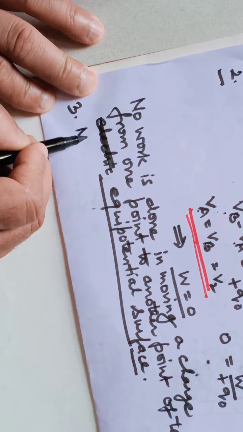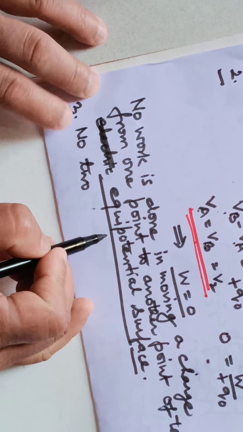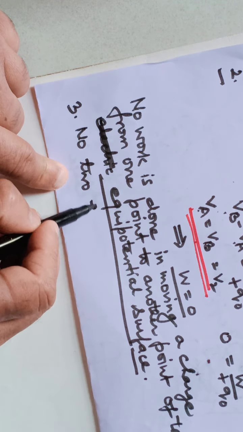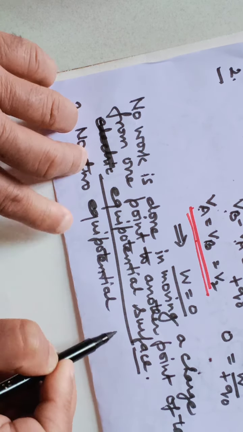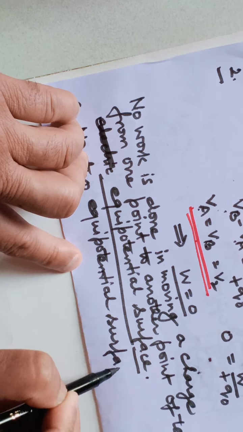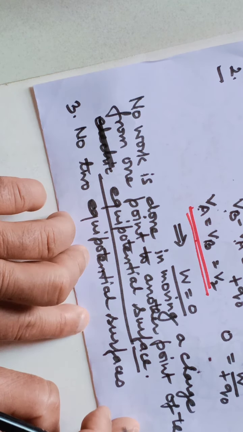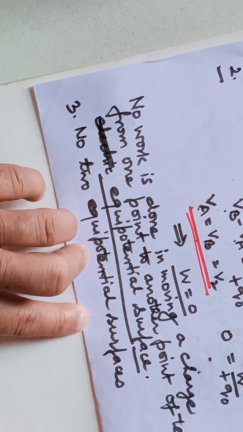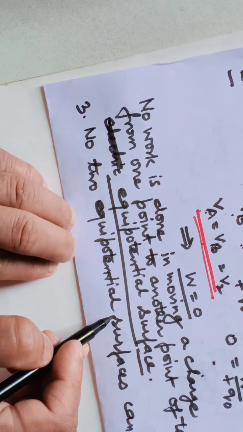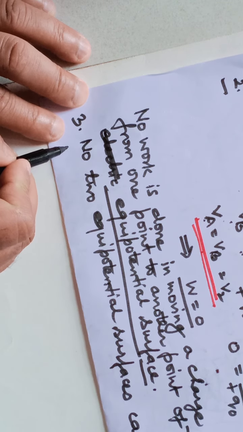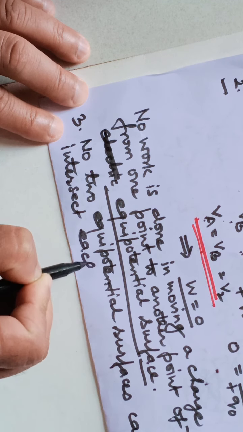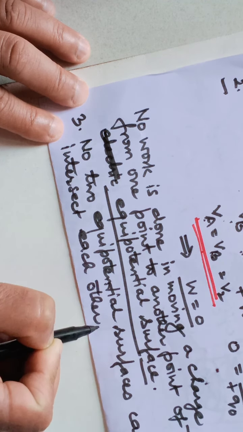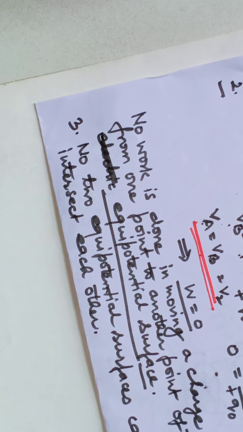So no two equipotential surfaces can intersect each other. So these are the three basic properties of equipotential surfaces.